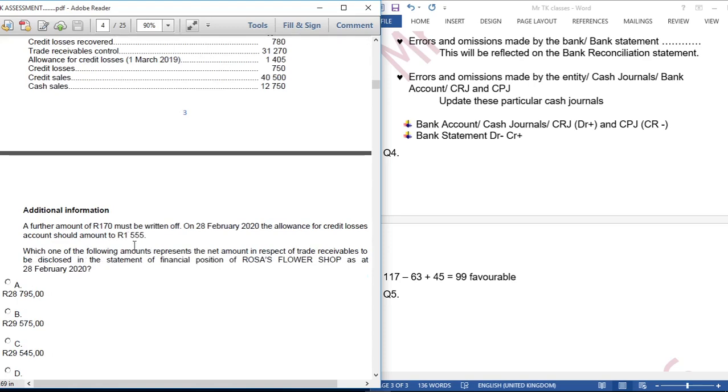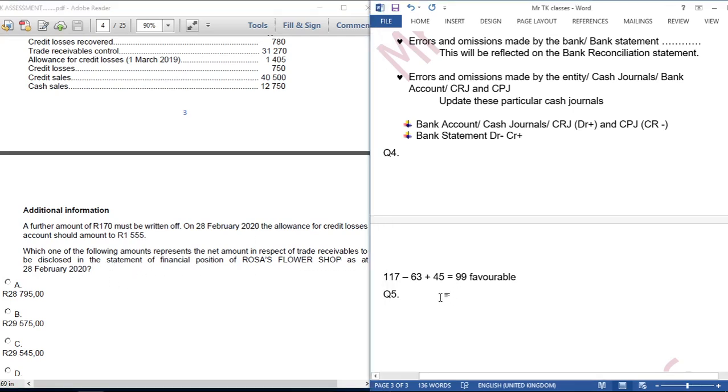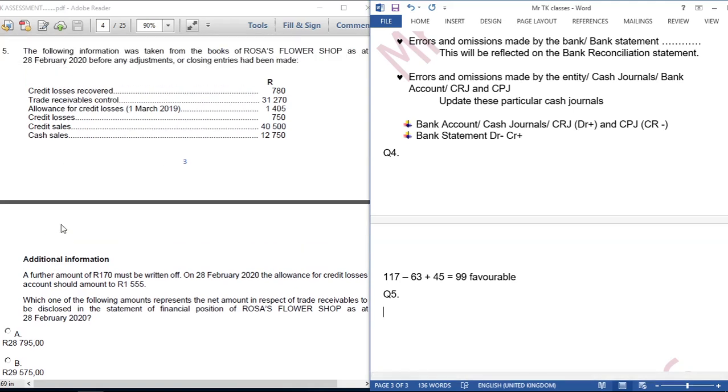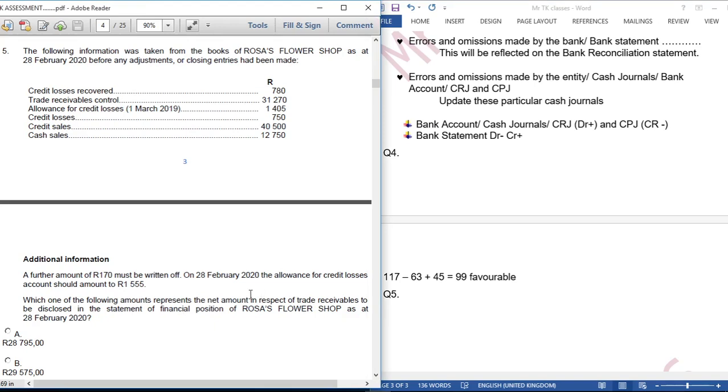Which one of the following amounts represents the net amount in respect of trade receivables to be disclosed in the statement of financial position of Rosa's Flower Shop as at the 20th February 2020? Here you have two options. You can do it as a ledger account, but here it's not necessary because the items we have are few. We can just do the calculations. What is it that we need to correct?